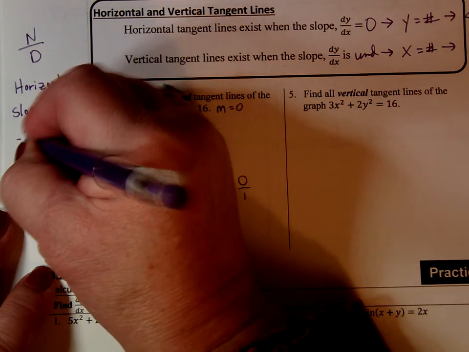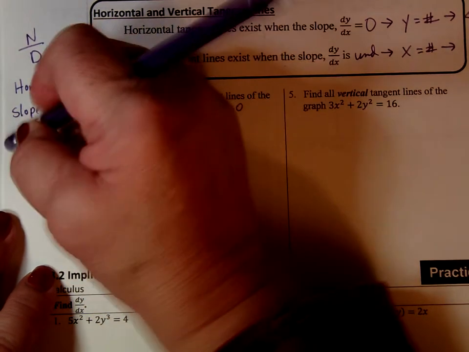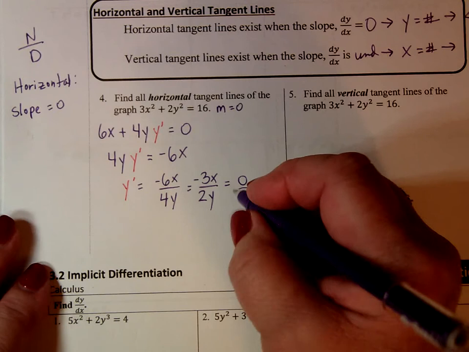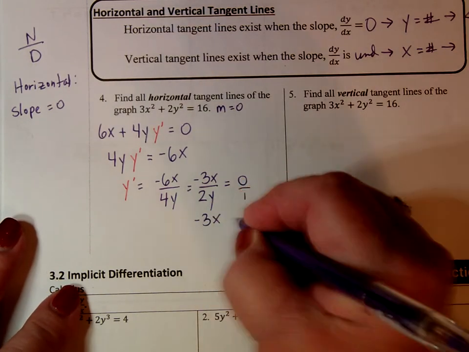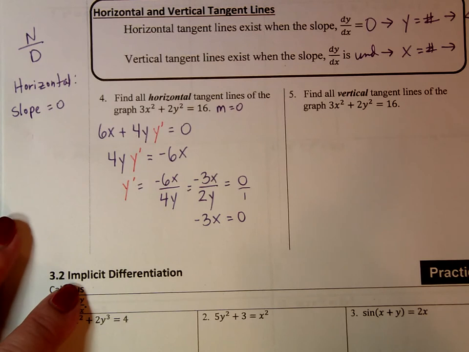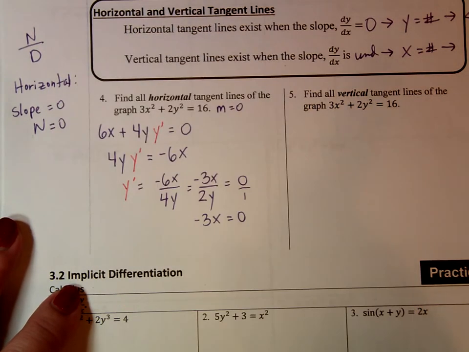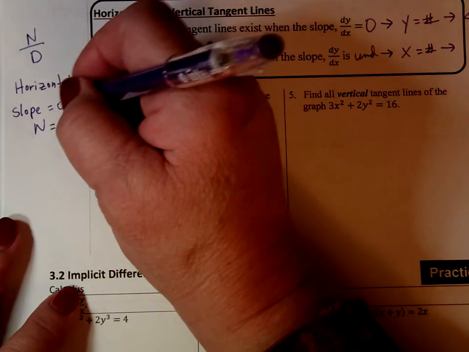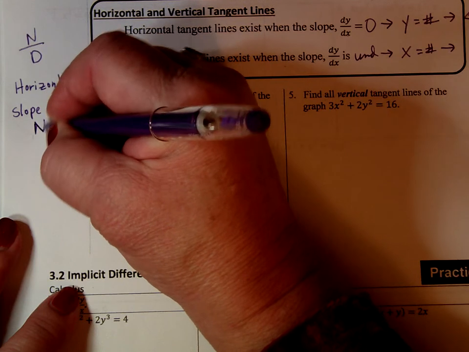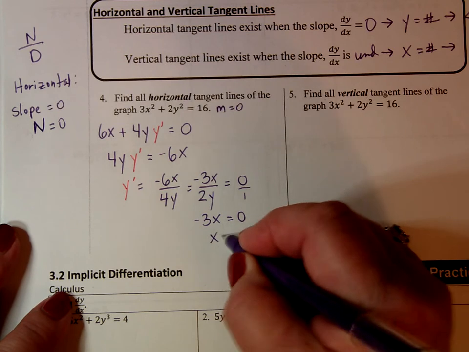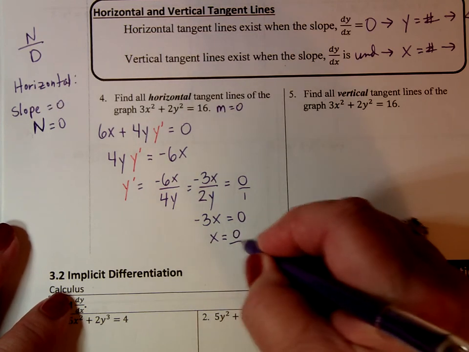So I have negative 3x equals 0. What part ends up equaling 0? I end up with the numerator equals 0. The denominator just disappears. So kind of cool. When it's a horizontal and the slope equals 0, just take your numerator and set it equal to 0, and that's going to be it. Let's finish this out. Divide by negative 3, I get x equals 0 over negative 3, or 0.